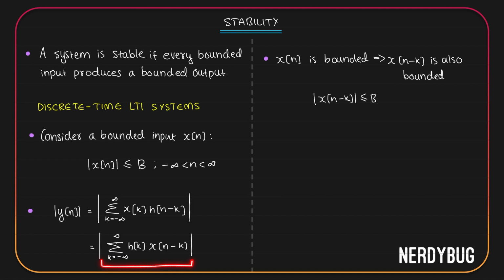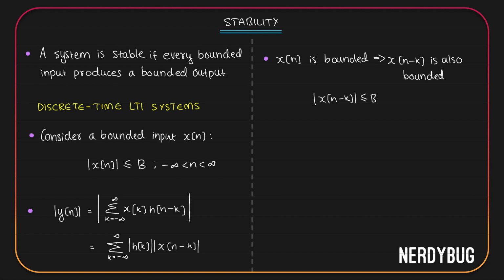Let's go back to the magnitude of y[n]. We have the magnitude of the summation from k equals minus infinity to infinity of h[k] x[n minus k]. We can write it like this also: the summation from k equals minus infinity to infinity of the magnitude of h[k] multiplied by the magnitude of x[n minus k]. We can take the magnitude, then take the summation.